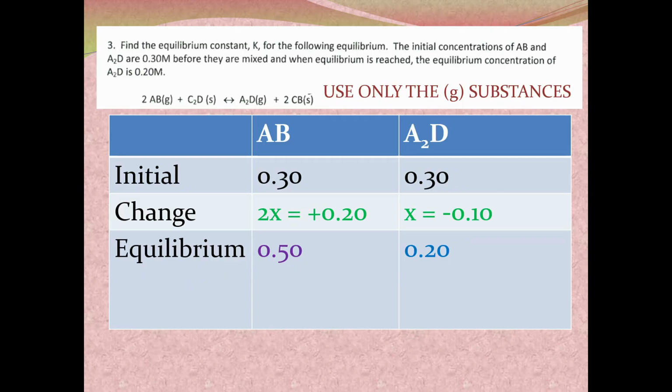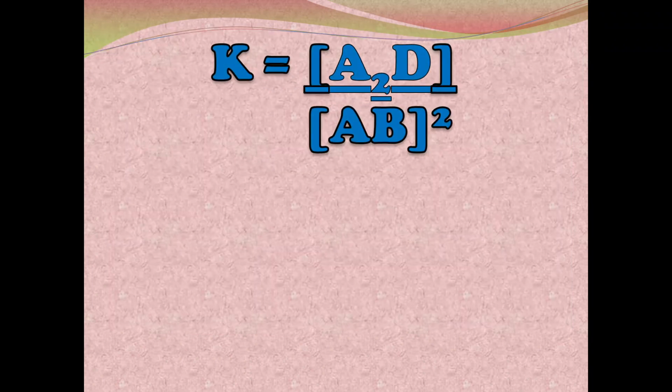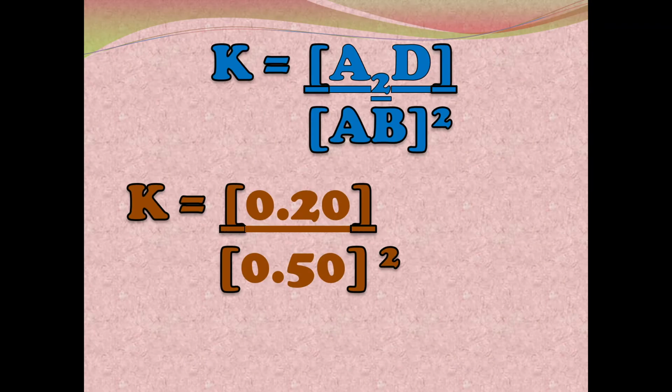So now, when I put in the K, it's just A2D divided by AB squared. So it's 0.2 divided by 0.5 squared. So my K value is 0.80.